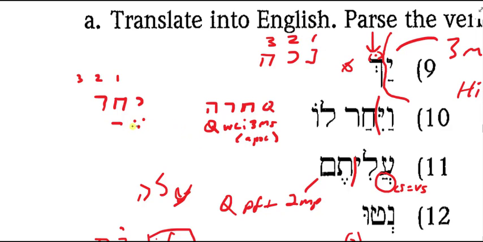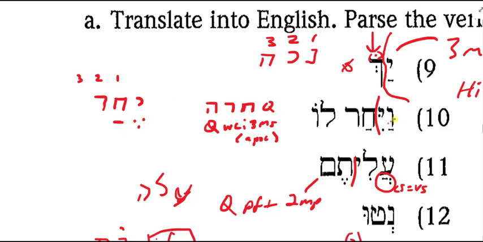So that may be why I have the patach here. Or the qamets-chatef segol may have resolved itself into a full segol, and I have yecher, but then due to the influence of the guttural, gutturals prefer A-class vowels, and so it may have then switched to a patach for that reason. I don't know exactly which way it happened.